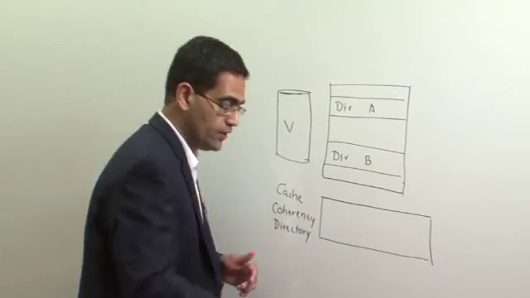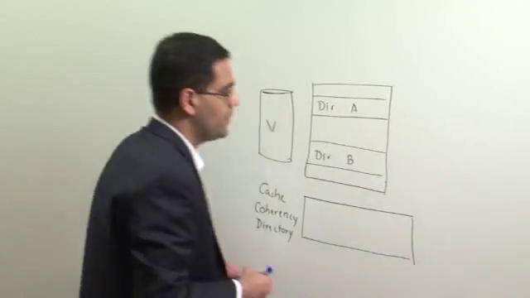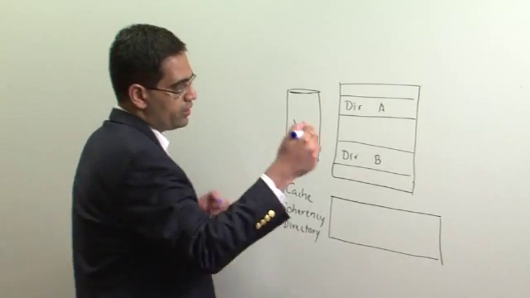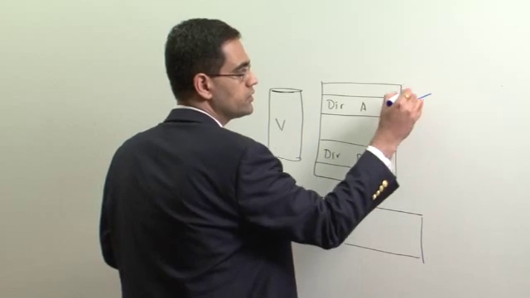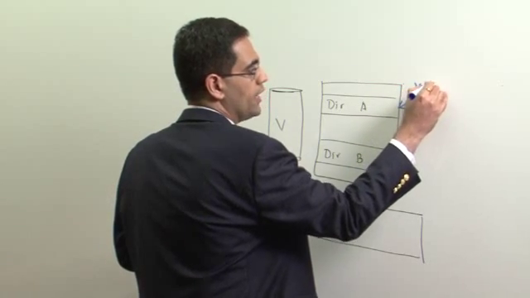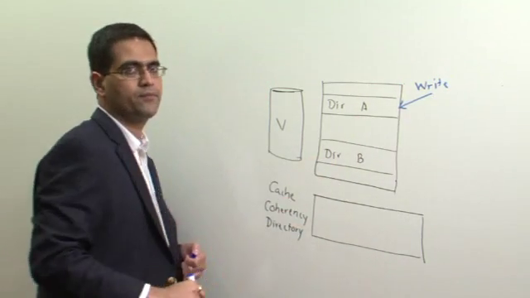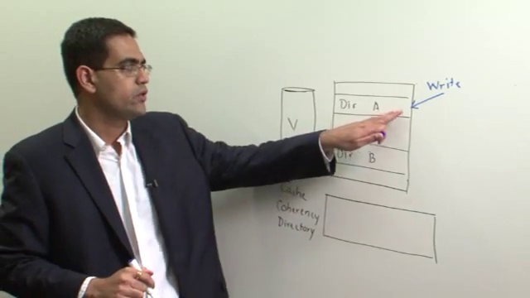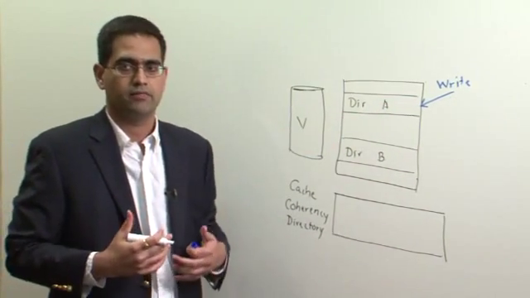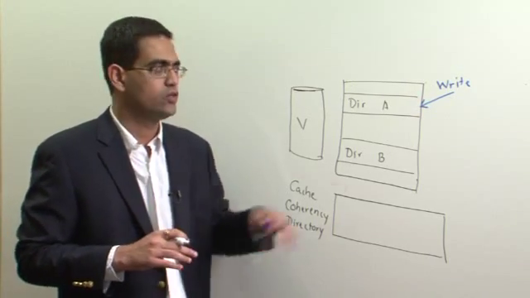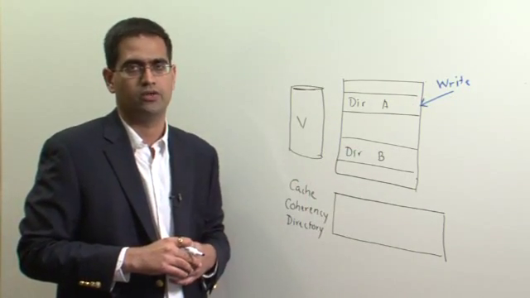So what are the scenarios in this case? Let's walk through a couple of scenarios. The first is a host does a write on director A. In this scenario, director A will first do a check locally and say, do I have access to this block from this host?